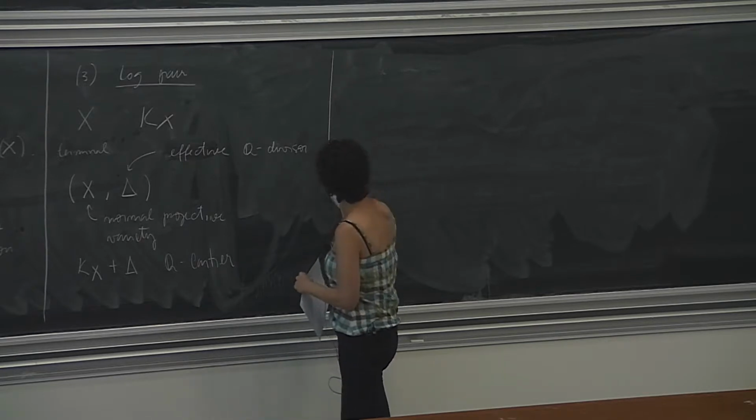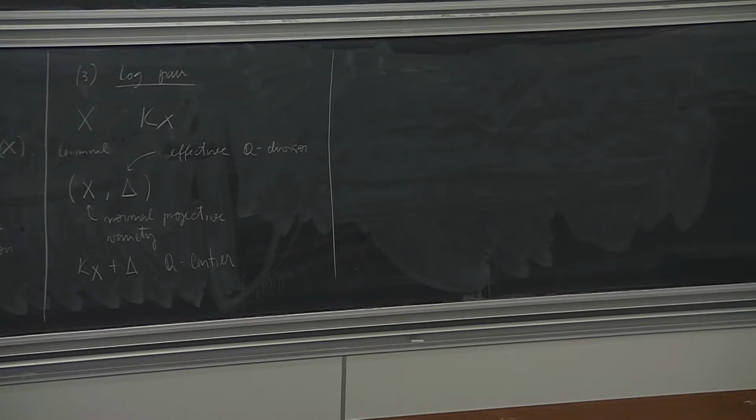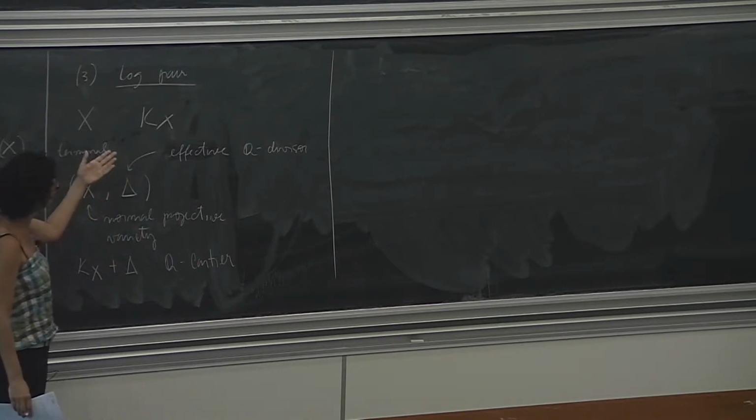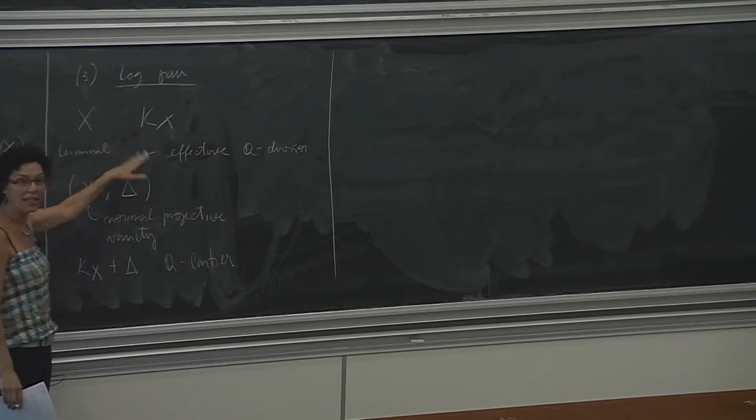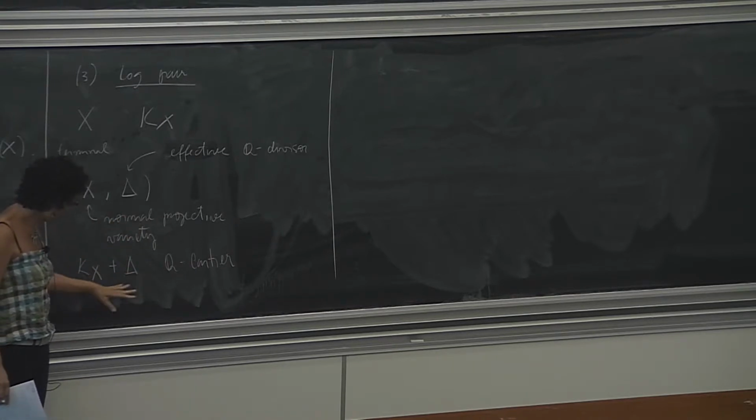And the idea is that, for instance, when we introduced MMP, we asked for nefness, and we measured intersections with respect to K_X. We can do everything replacing K_X with K_X + Δ.